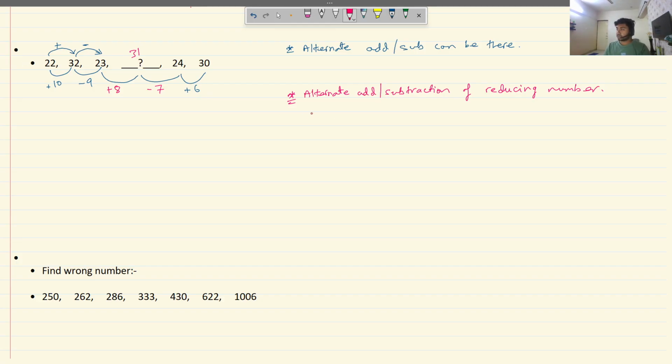Some people can also remember this logic as plus of even number and negative of odd number.